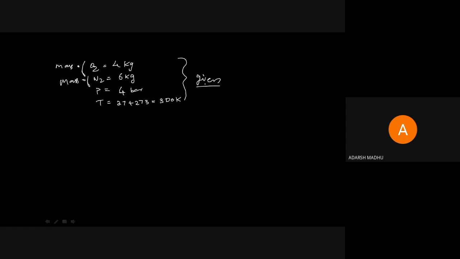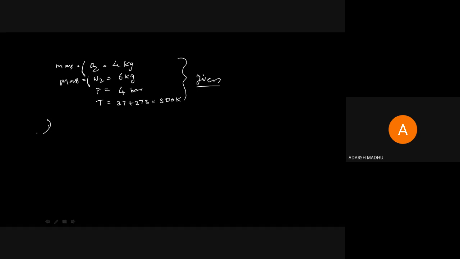So first one, you want to find out the mole fractions of each component. Mole fraction is the number of moles of a given component divided by total moles of the mixture, right? So here we can see we first need to find out the number of moles of each component.